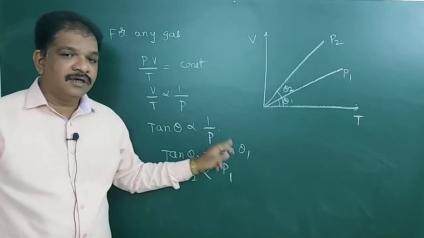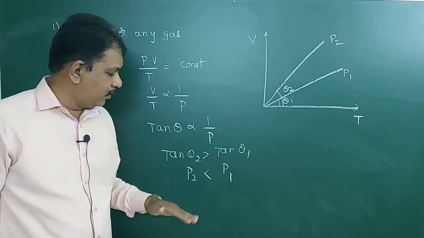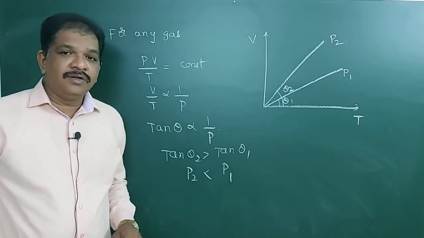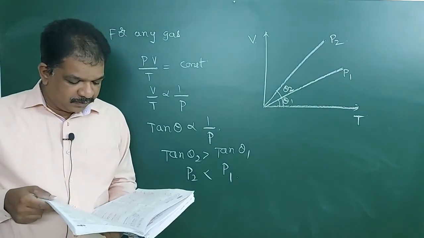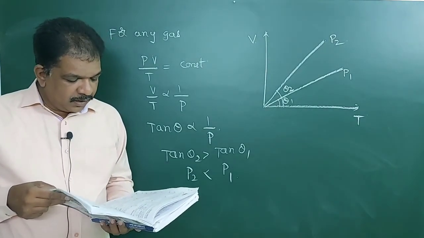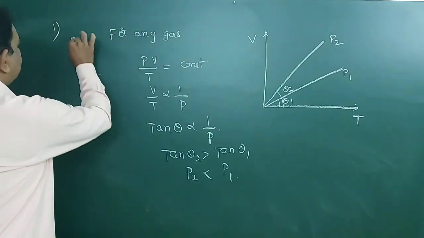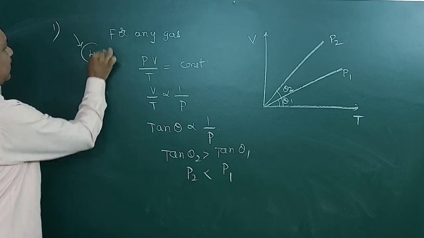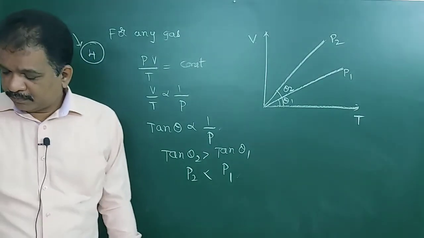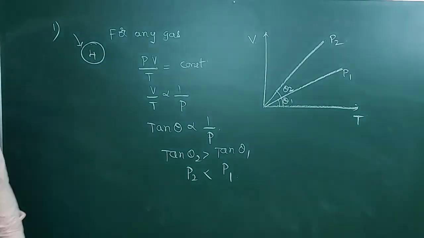Since tan theta 2 greater than tan theta 1, P2 value will be less than P1. So option for this first question will be 4th option. See the next question.